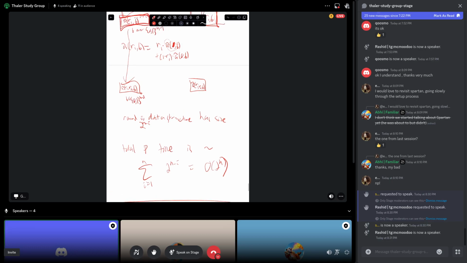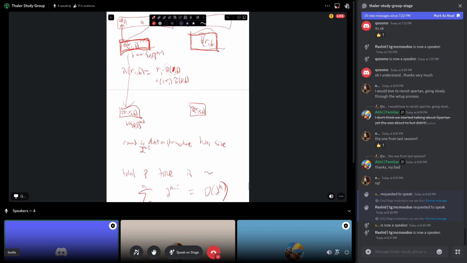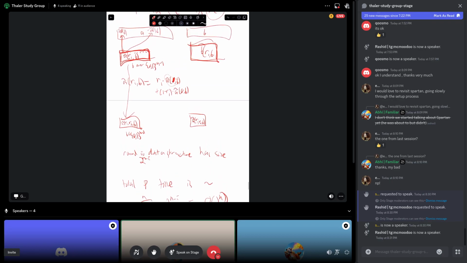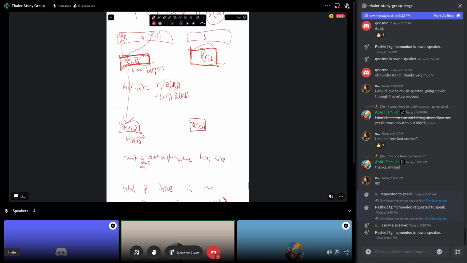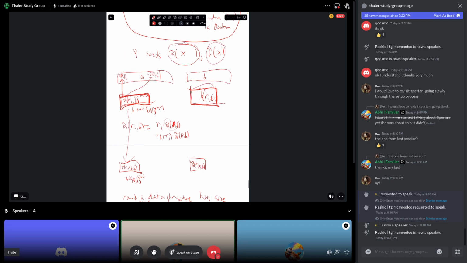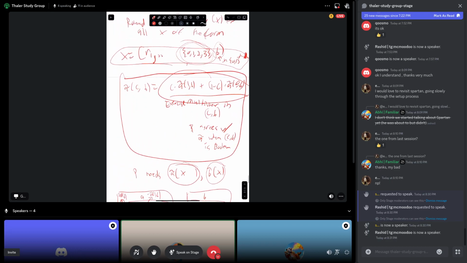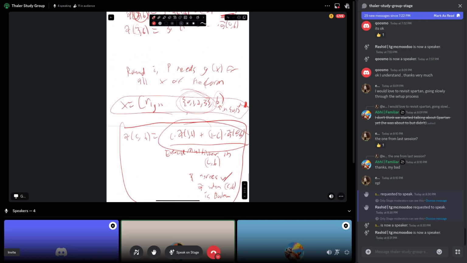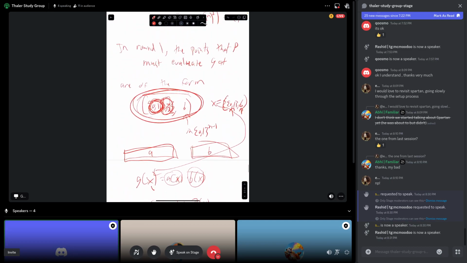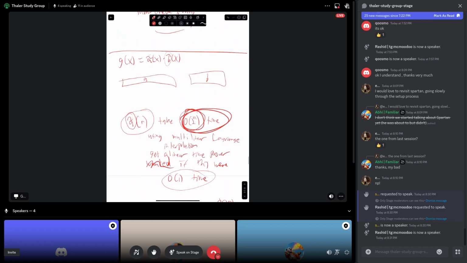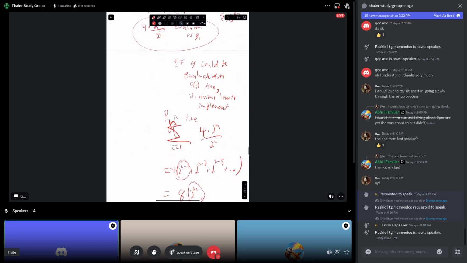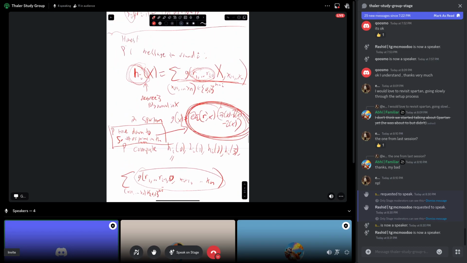If I understand correctly, the hypercube is more or less just binary decomposition, isn't it? Yeah. What I would say is the key property is this equality. Where did I write it?